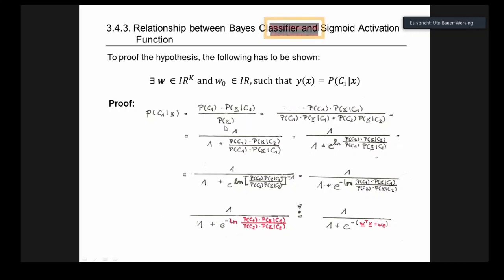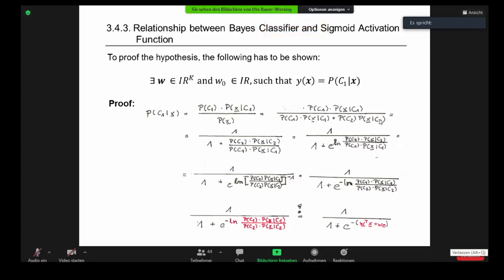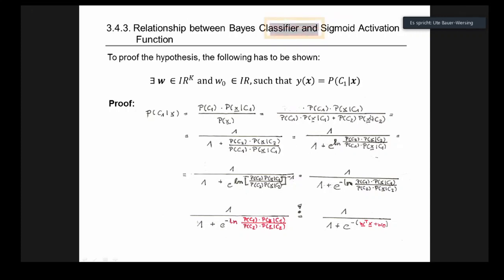The probability of observing X is given by the prior of class C1 times the likelihood of X belonging to class C1, plus the prior of class C2 times the likelihood of X being in class C2.